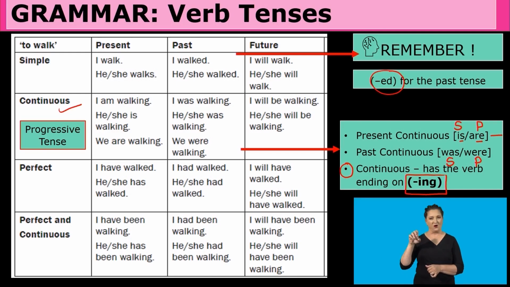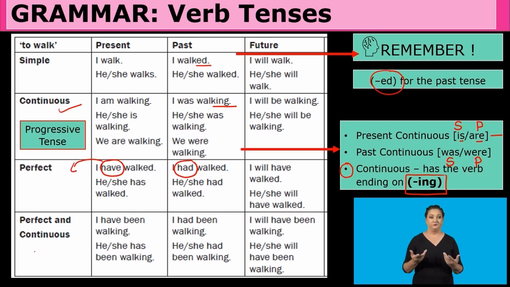Now, I want you to take note, grade 12s, they will ask you the different tenses. So I want you to see how your past tense adds the ed, how the continuous tense has the ing ending, how the perfect tense has had or have, a clear indicator for the perfect tense.